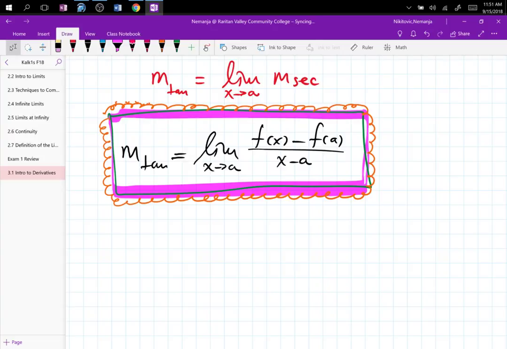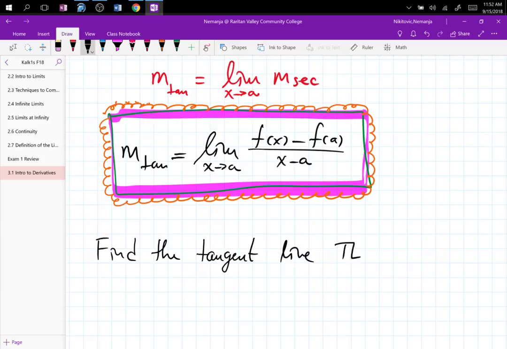So let's find the tangent line. Guys, it's going to be TL, because from this point on, the tangent line problem becomes the central problem of Calculus 1.